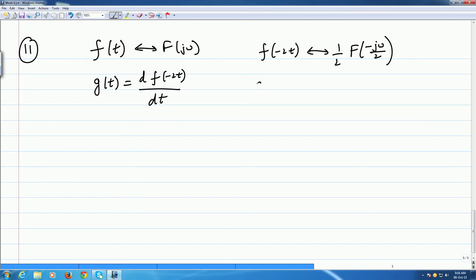So, now derivative, again you can take the Fourier transform of f of minus 2t and multiply by j omega. So, you get j omega by 2 times F of minus j omega by 2. Okay, so, that is the formula. So, you just keep using the properties one after the other, you are going to get what you want. Okay. All right, that is 11 for you.